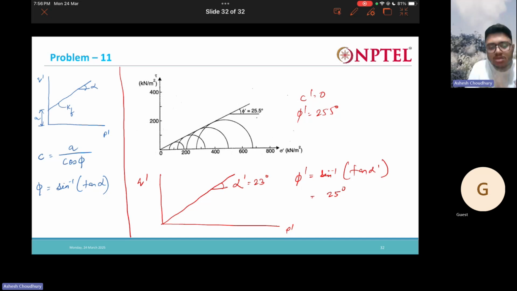So I suggest you draw more circles, solve these problems yourselves once again, and practice as many problems as you can, so that your concepts get cleared up and you are ready for your exam.